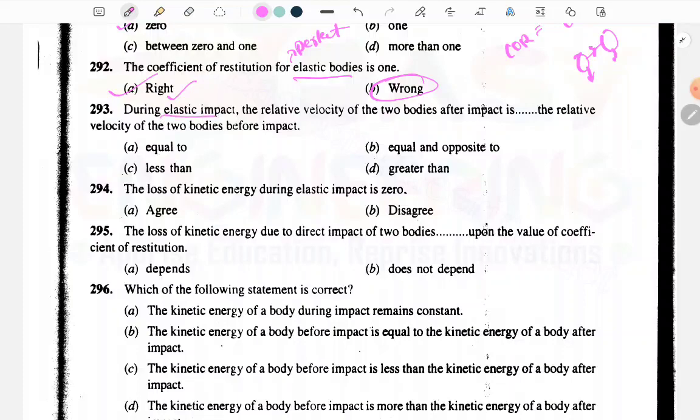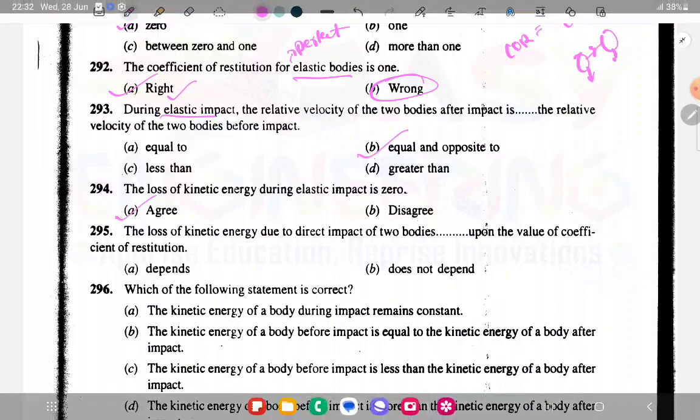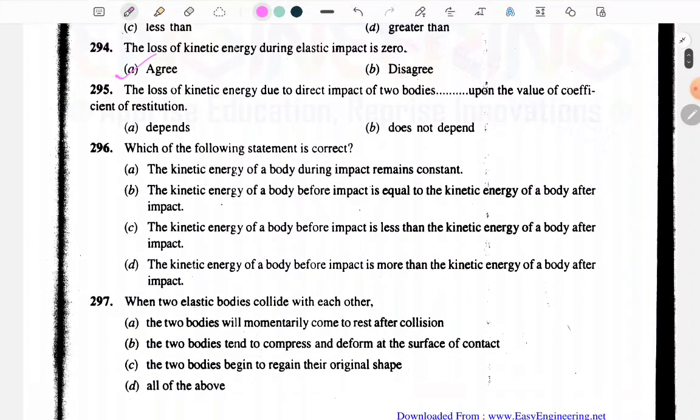Elastic impact is said, so equal and opposite. The loss of kinetic energy during the elastic impact is 0, as there is no loss of energy. Loss of kinetic energy due to direct impact of two bodies dash among the values of coefficient of restitution. So it's depend or not depend. So 295 is, it depends.